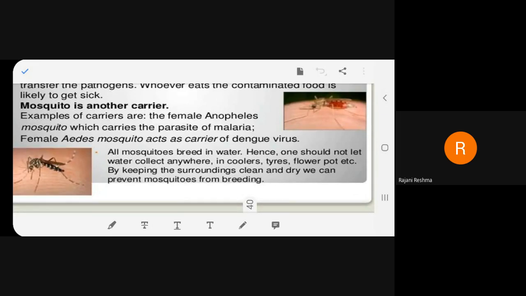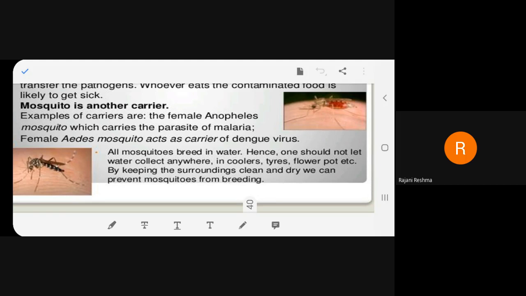Female Aedes mosquito acts as carrier of the dengue virus. All mosquitoes breed in water. Hence, one should not let water collect anywhere in coolers, tires, flower pots, etc. By keeping the surroundings clean and dry, we can prevent mosquitoes from breeding.